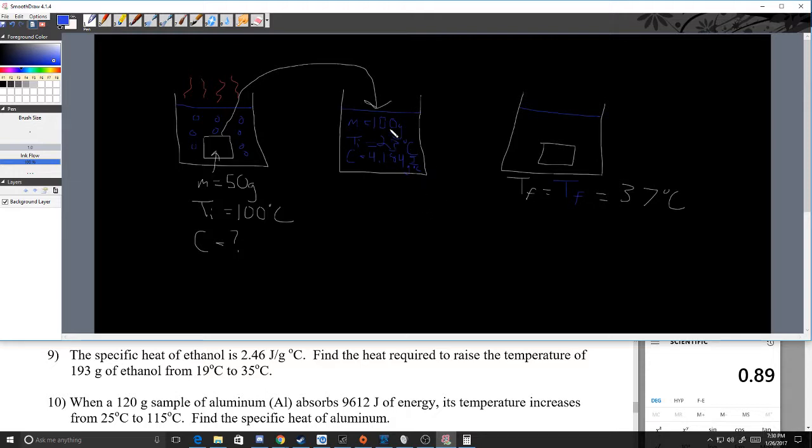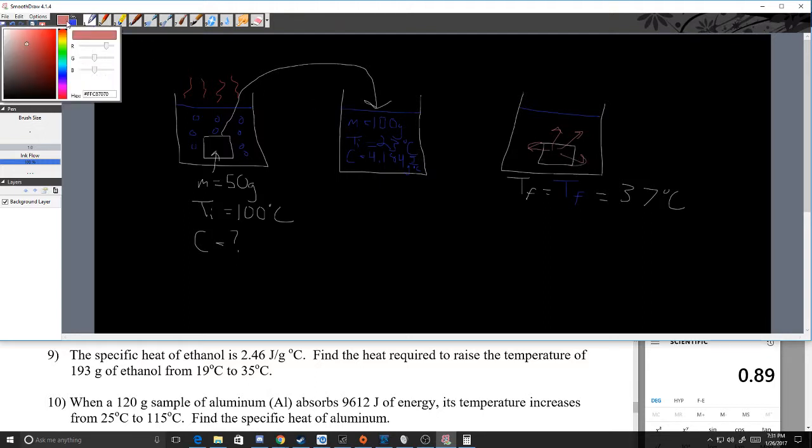Now, the heat energy gained by the water could only have come from one source, the block of metal. Because the heat flowed from the metal into the water until they were the same.